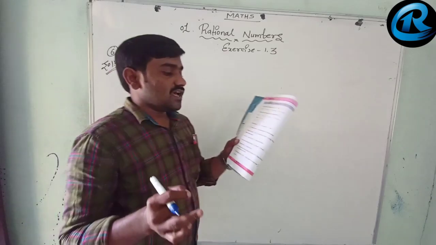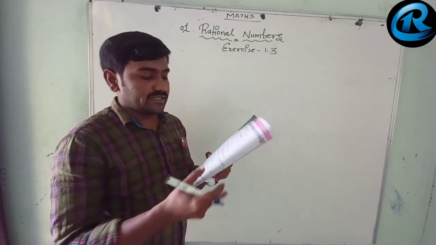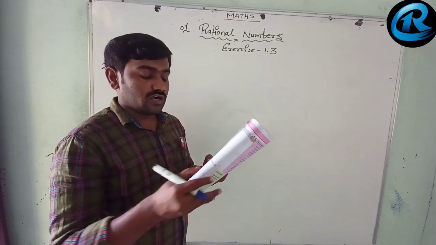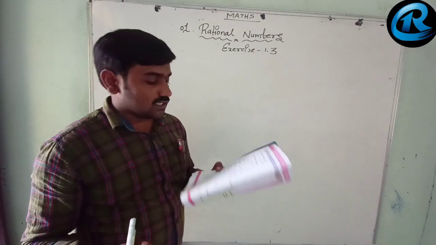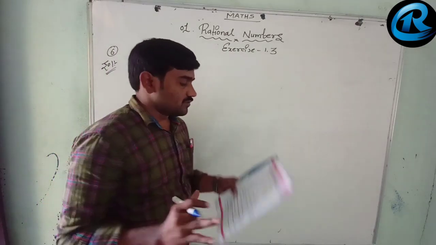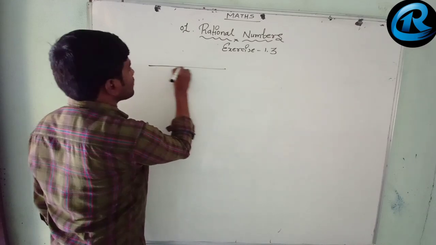The 2 pieces of length 2 whole 3 by 5 and 3 whole 3 by 10 meters are cut off from the rope of 11 meters long. What is the length of the remaining rope? Simple. Here I will draw one diagram like this.